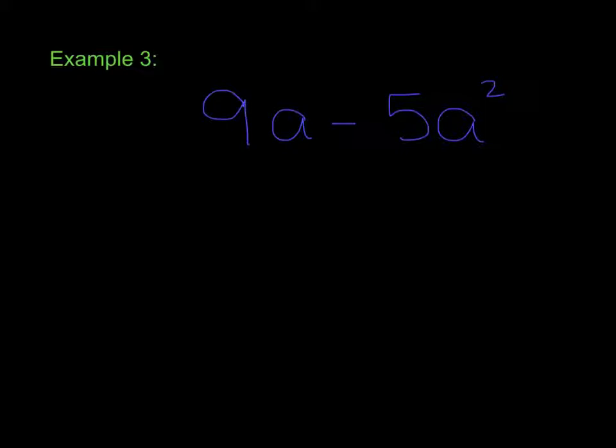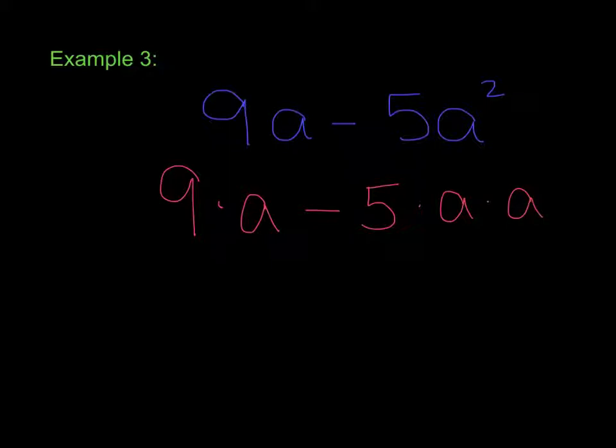Example 3 gives you the expression 9a minus 5a squared. So 9a is 9 times a, and 5a squared is 5 times a times a. Remember how to expand those exponents. So here, if I look at the greatest common factor, there's an a here and an a here, but the 9 and the 5 don't share any common factors.